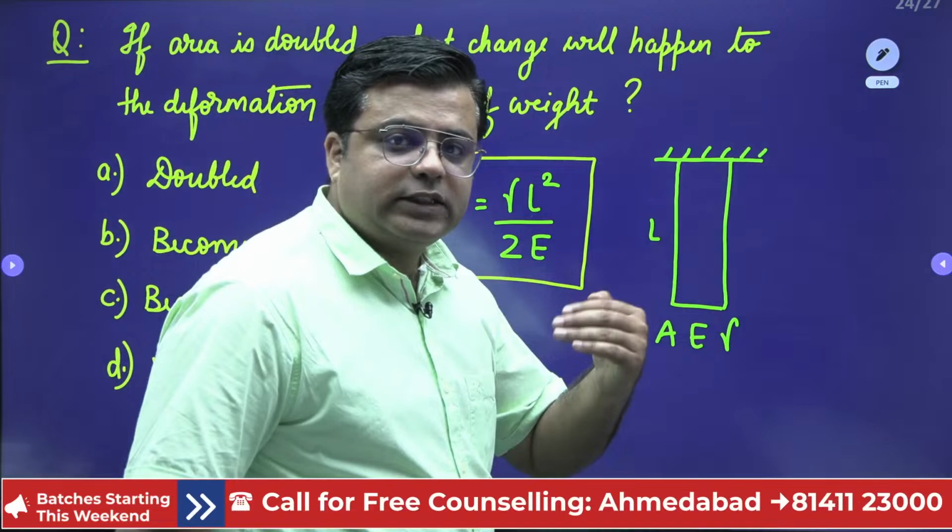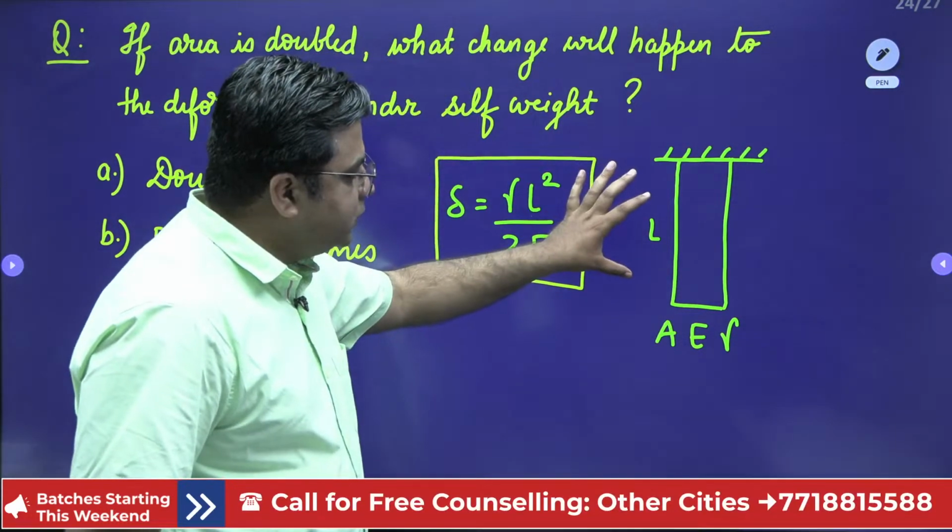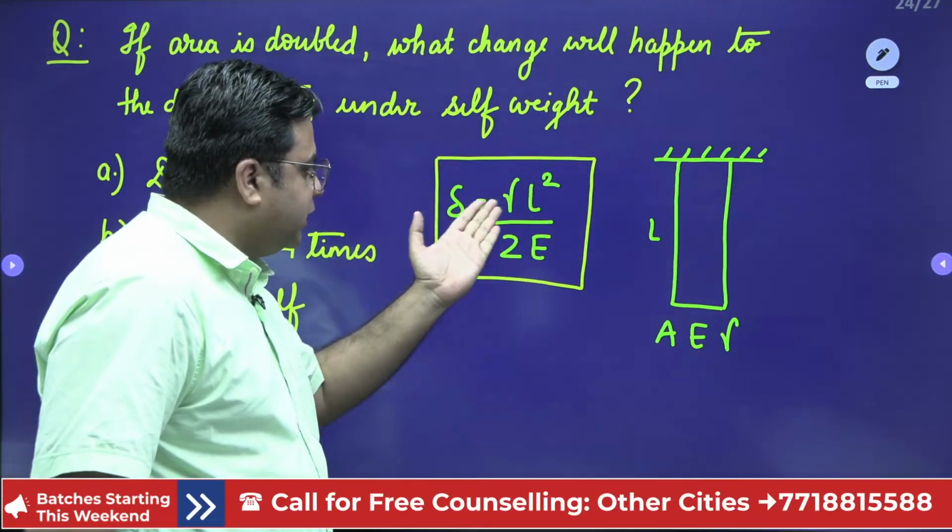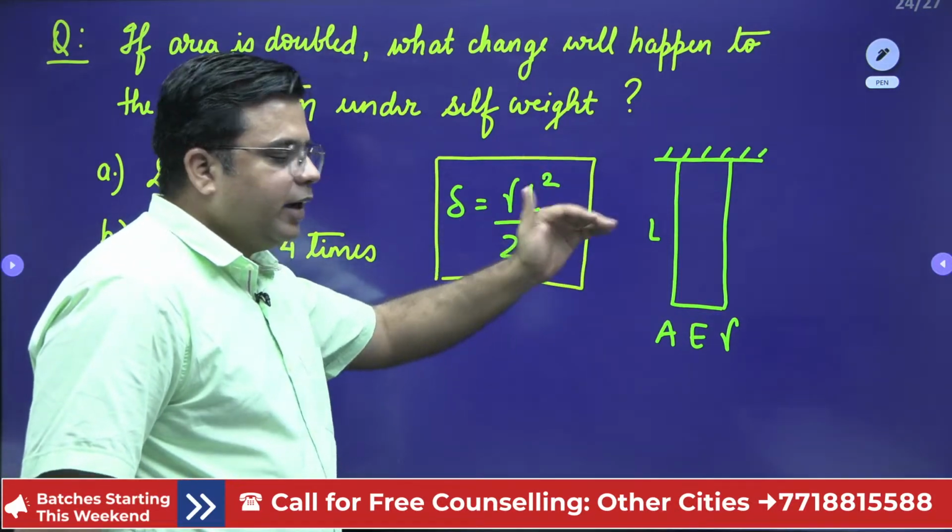Even if the cross section is doubled, you can clearly observe that there will be no change in the deformation of this bar under the self weight.